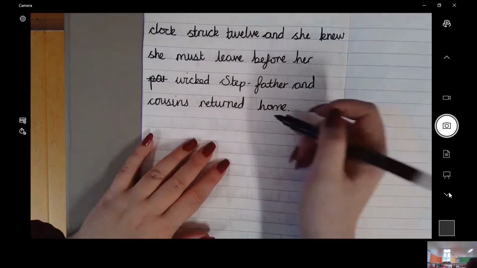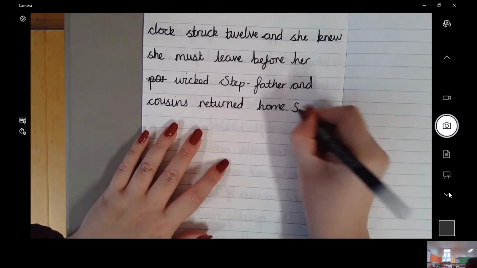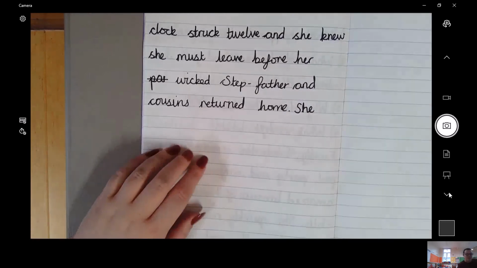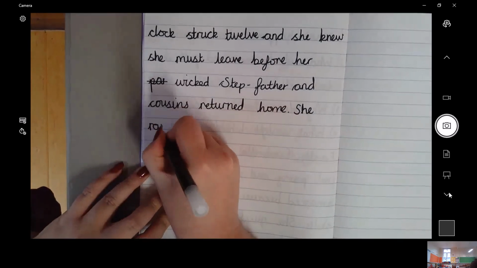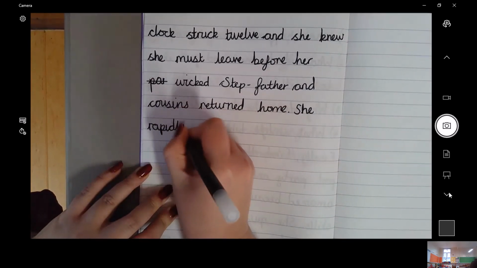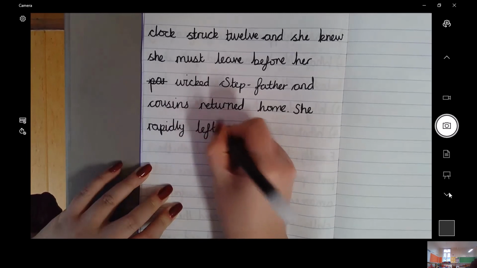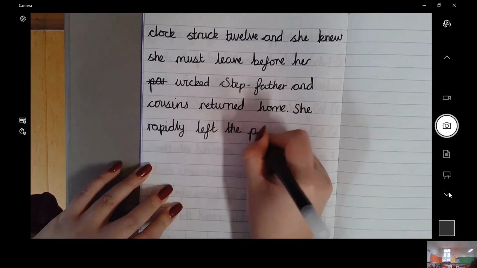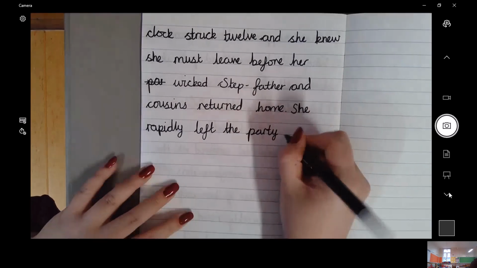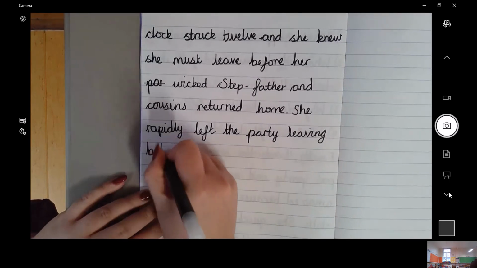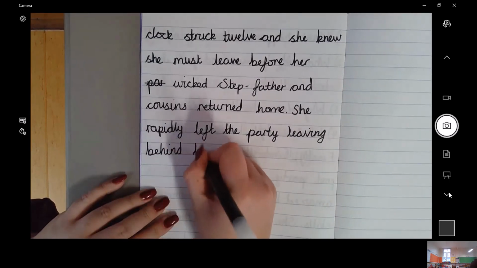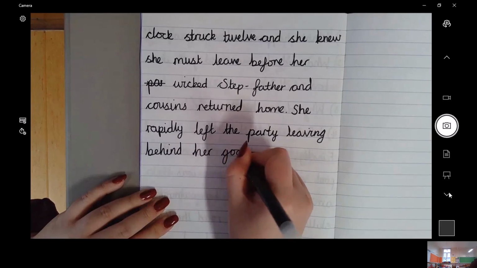I'm going to say she rapidly left the party, leaving behind her goggles. She rapidly left the party, leaving behind her goggles.